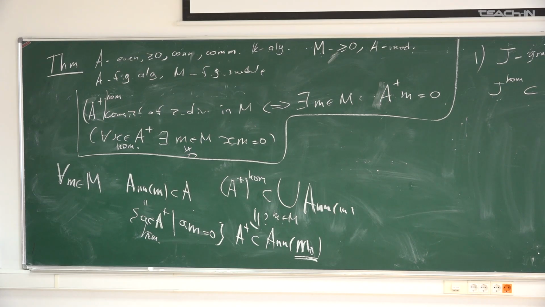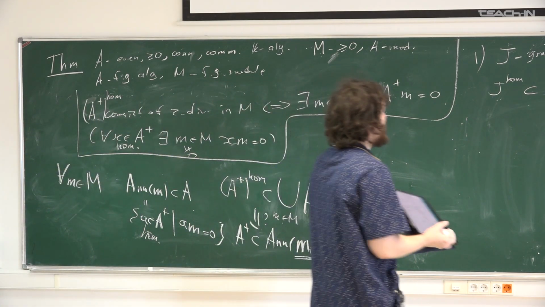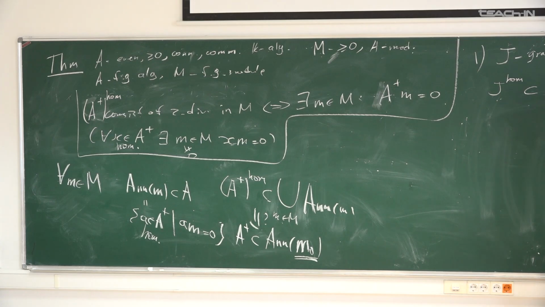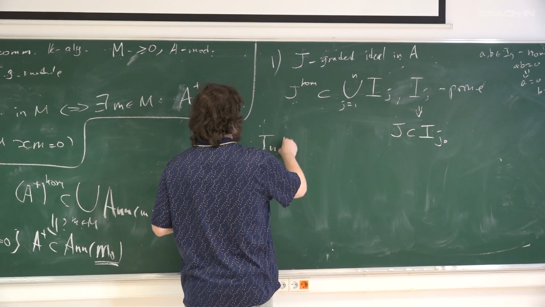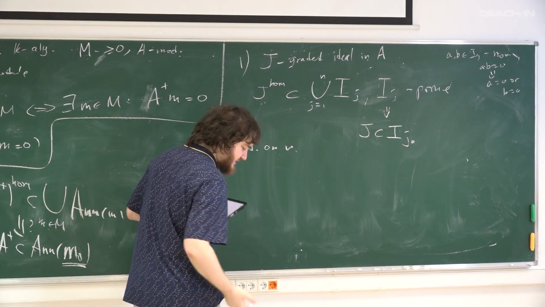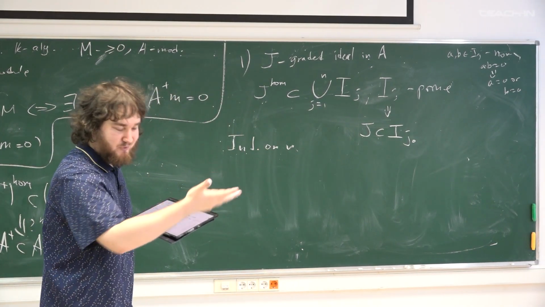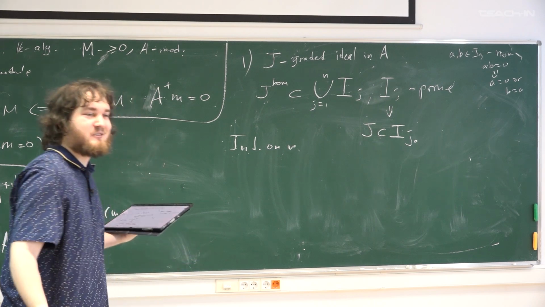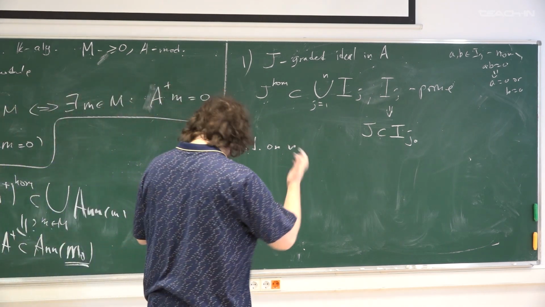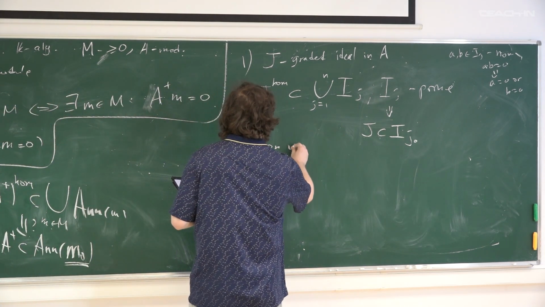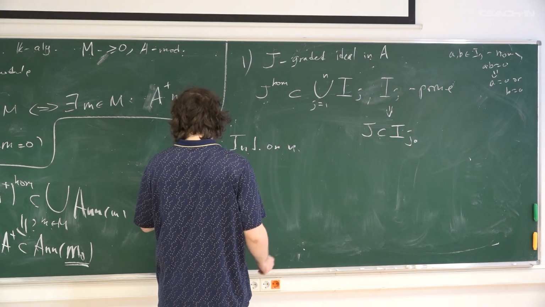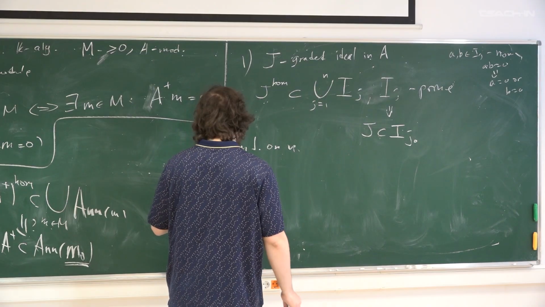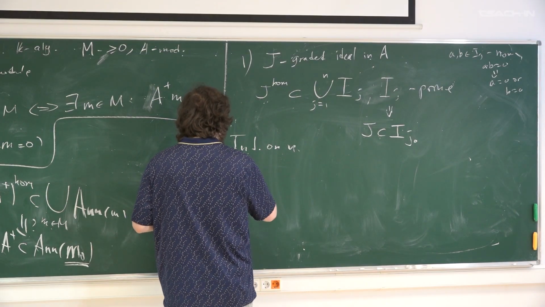So, induction on n. Here it's important that n is finite. If n is 1, it's obvious, there is nothing to prove. So we have the base, and now we need the step.